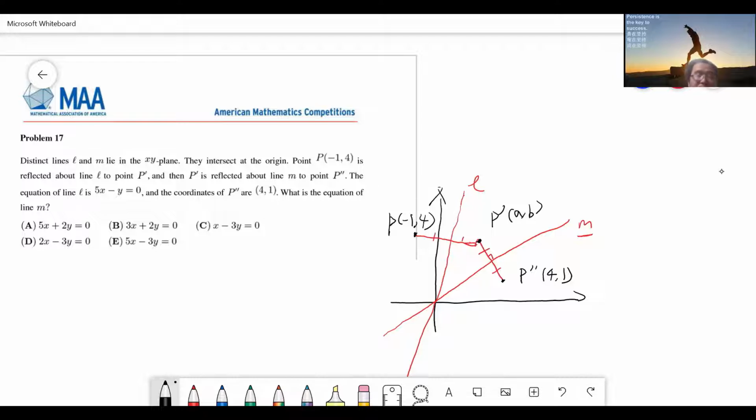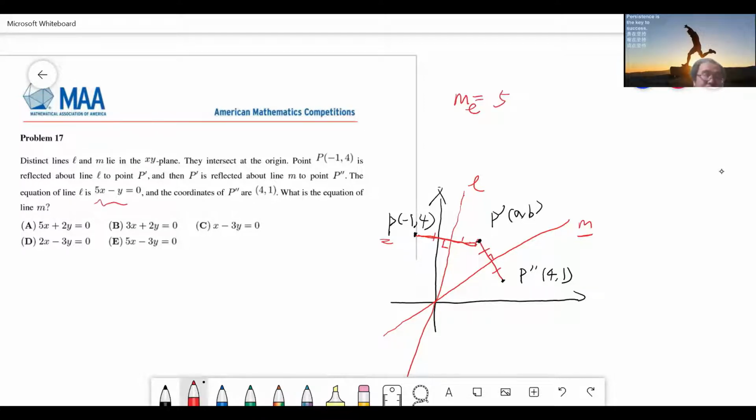Okay, so we need to go back to look at the point P, whose reflection across L gives you the image P prime. So we can think about this as a perpendicular, right? We can find the equation of this line because it's perpendicular to L. Line L, its slope is 5, right?